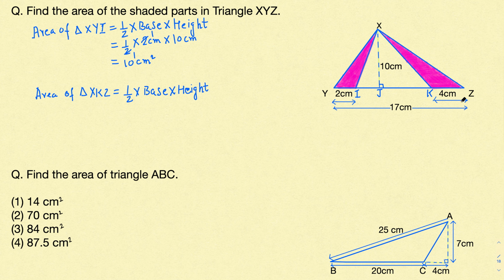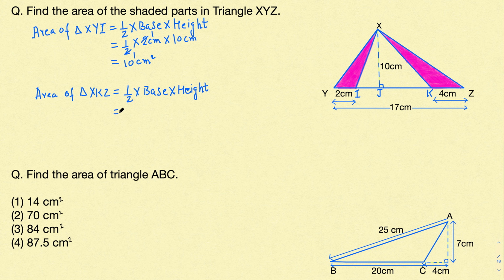XKZ, so this is the base, right? Because this is the only side given. So the base is 4. And how about the height? See, the height of this triangle is again this one, right? Because this is the perpendicular drop from X on the base. So KJ is the extended part of the base here, right? So we should be taking XJ as the height.